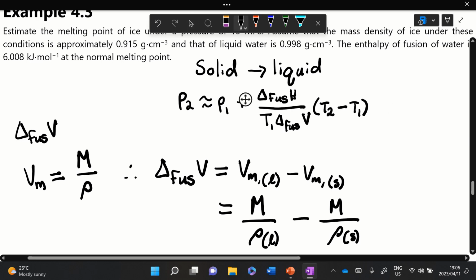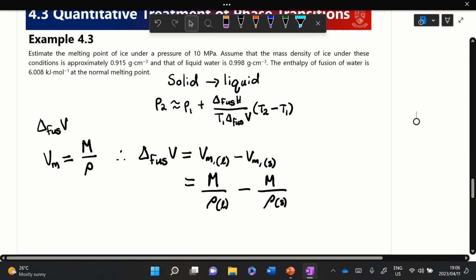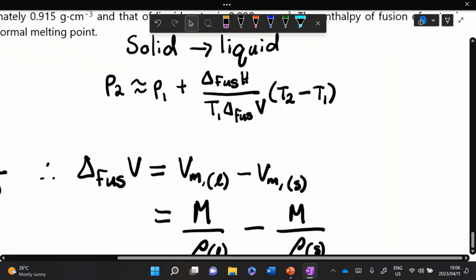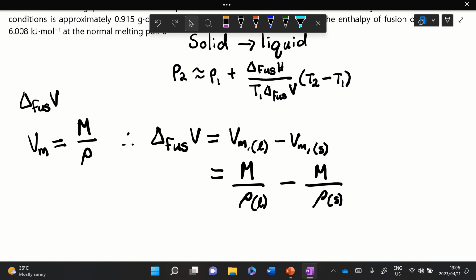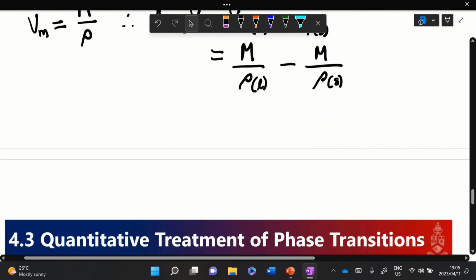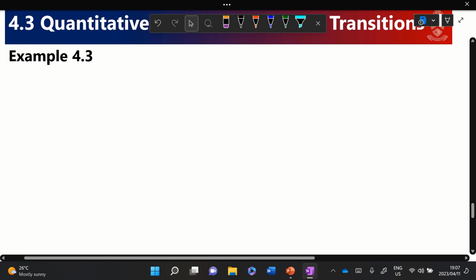So if we take T1 and P1 as the normal conditions, the standard conditions, so P1 is 1 atmosphere, and the normal melting point of ice is 273.15 Kelvin. Then we want to calculate T2, so we just have to rewrite that equation. We also have the change in the molar volume, right? So let's rewrite the equation quickly.